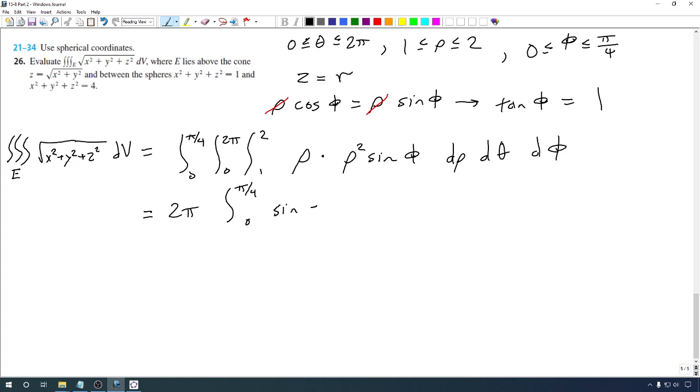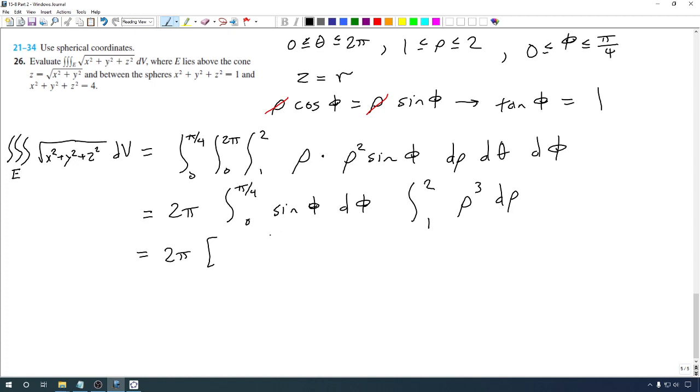But most of these examples have been really nice to us. Then we take all the stuff with rho. Rho is going from 1 to 2. And we have rho cubed. This is one where we actually don't have to do as much work to actually evaluate the phi integral.